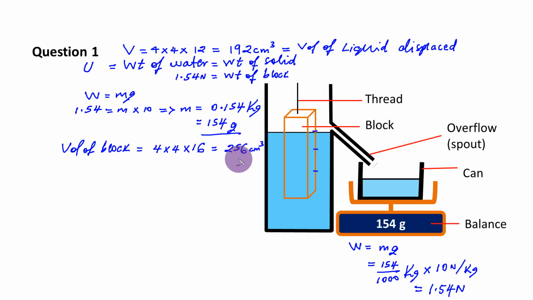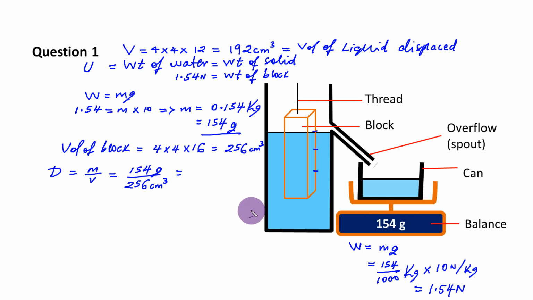Yes, 256 centimeters cubed. Therefore, the density of the solid or the density of the block is equal to the mass of the block divided by its volume. Since I know the mass of the block, which is this one here, 154 grams, I divide that by 256 centimeters cubed.